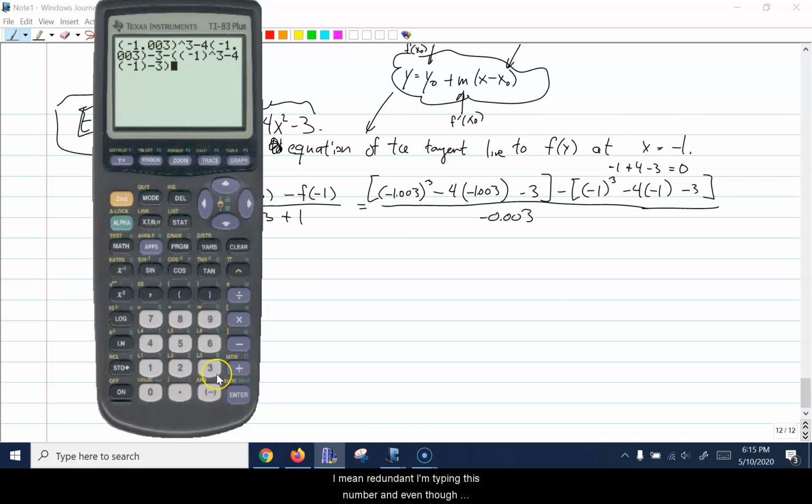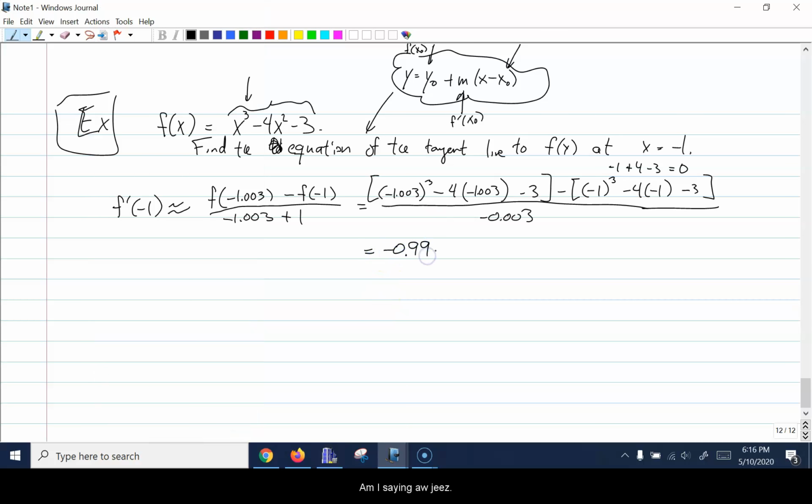I'm being redundant here. I'm typing this number in even though I just worked out it was 0. Now divide that by -0.003. I get -0.990991. Geez, it's -1.